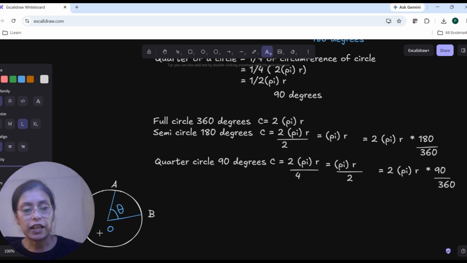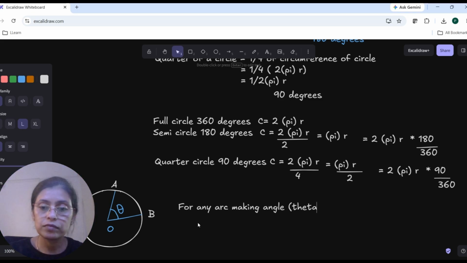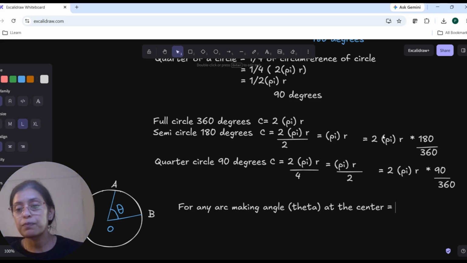So for any arc making angle theta at the center, we can generalize what will be the circumference of that arc from whatever we have seen until now for semicircle and quarter circle.